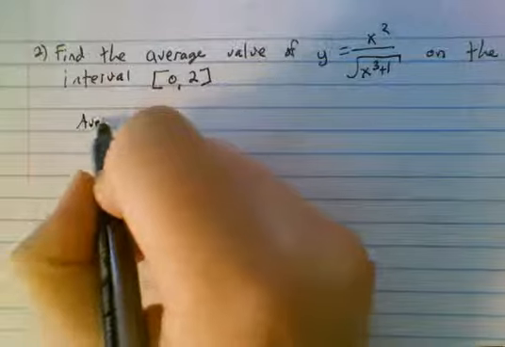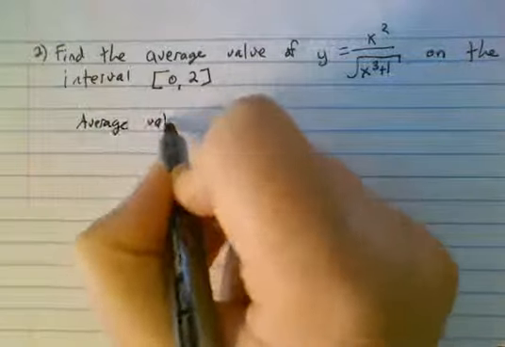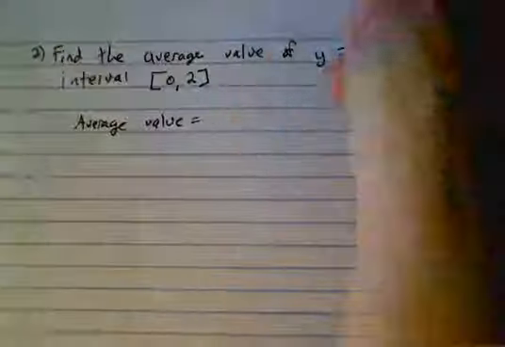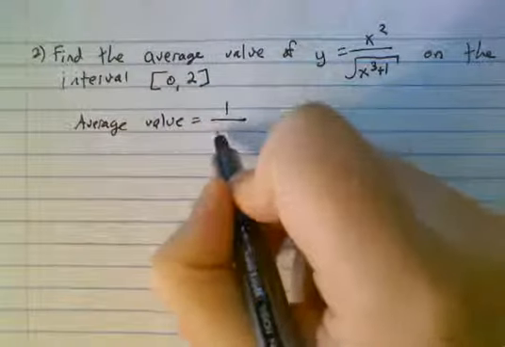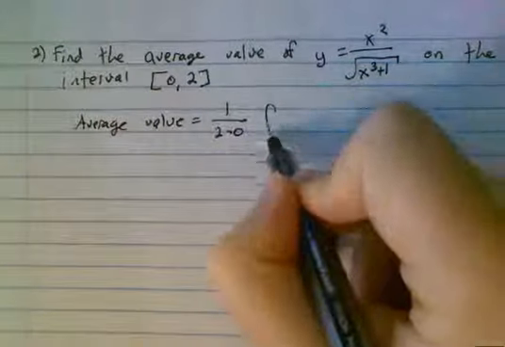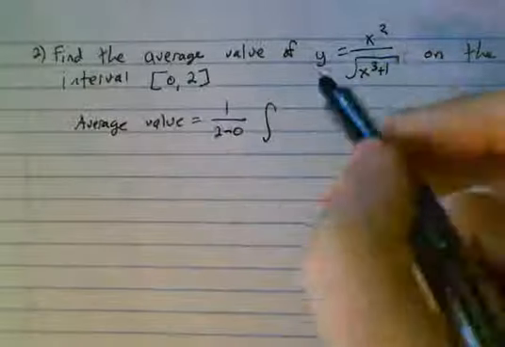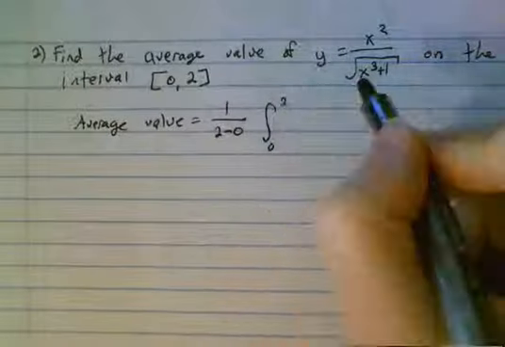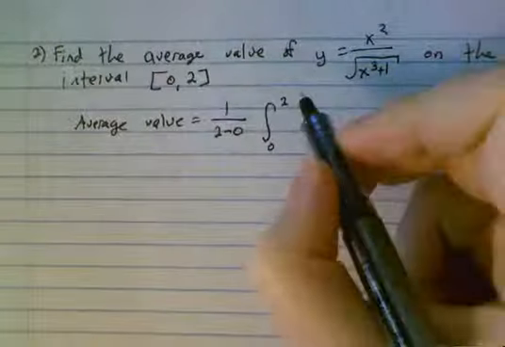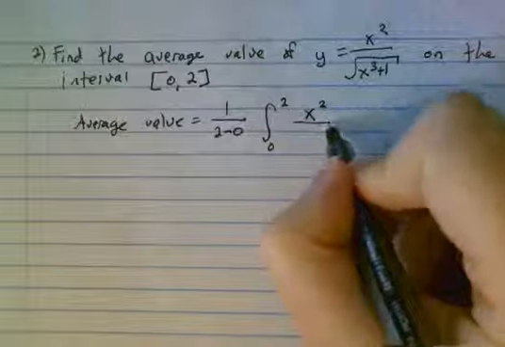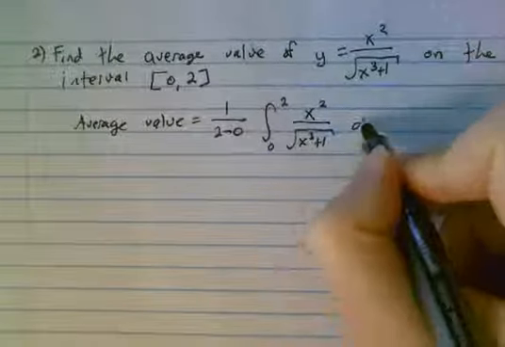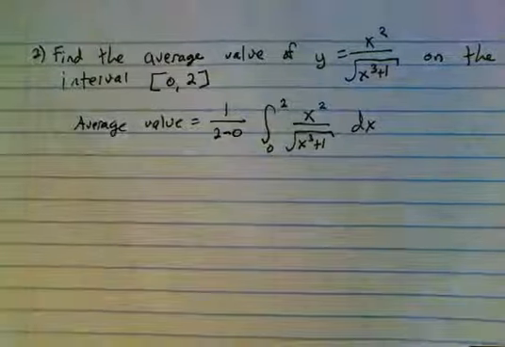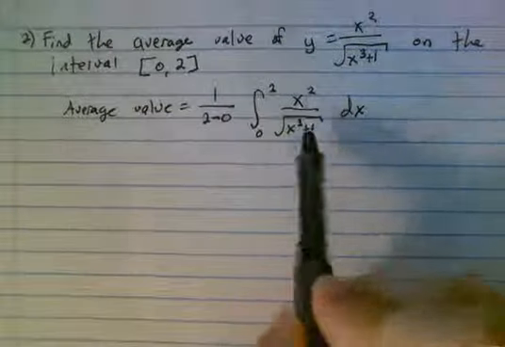We know average value is the width, so the distance from 0 to 2, which is just 2 minus 0. And then we're going to be going from 0 to 2. We're going to take the area under the curve of this, so that's the integral of x squared over the square root of x cubed plus 1, dx. Now, we'll have to do this by hand, so we have to figure out how to take this integral.